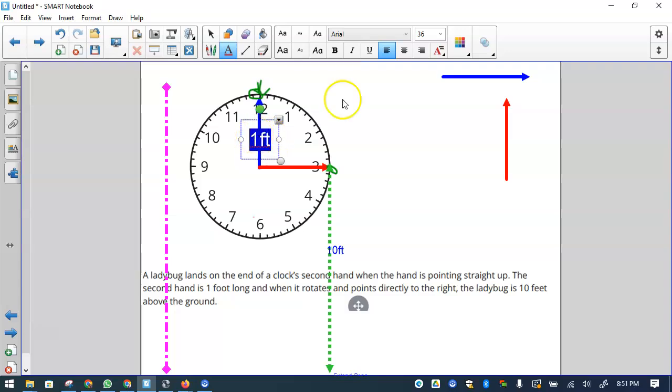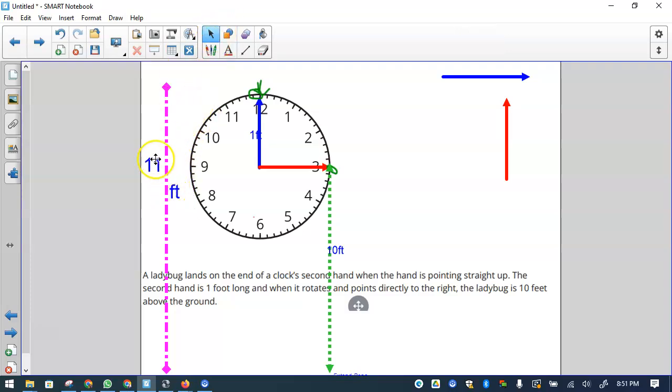And by default, because this is 10 foot and that is 1 foot, this will become 10 plus 1, which is 11, and it's already given to us that the second hand is 1 foot. So this 10 foot and that 1 foot will be 11 foot. Hope that helps. This is 11 foot.